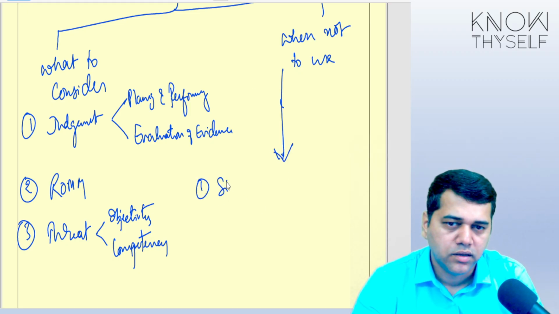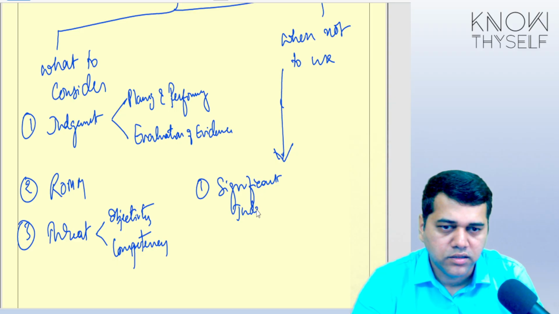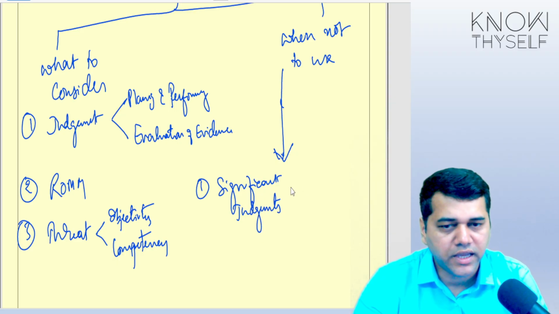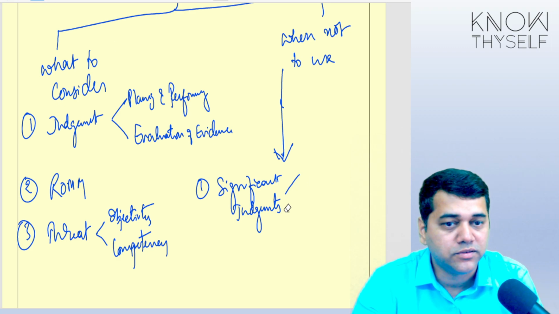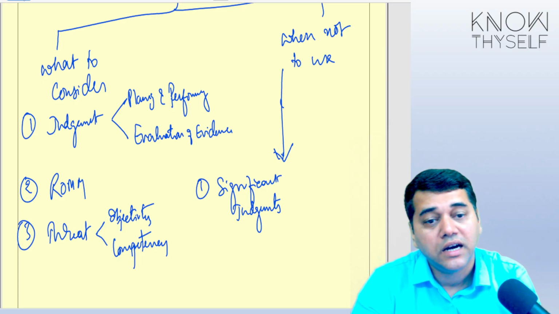One, significant judgments. Okay, can you give me some examples of significant judgments? Yes. Where significant judgments are going to come? It is going to come here because this content is there in the test your knowledge.